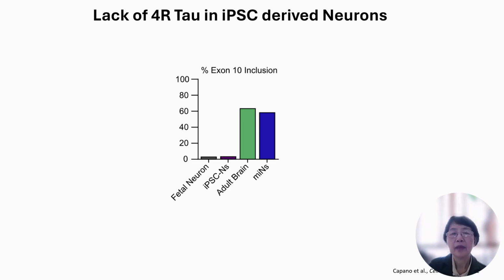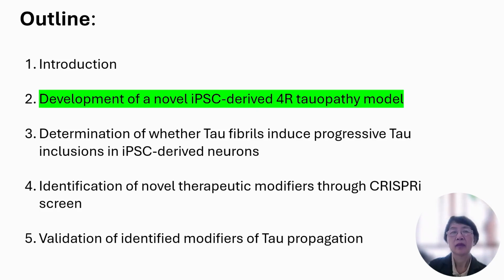However, iPSC-derived neurons mainly express 3R tau only. The inclusion of exon 10 in these cells is extremely low, making it a major challenge to study 4R tauopathies and mutations located in 4R tau. To address this problem, we aim to generate new human iPSC-derived neuronal models that mainly express 4R tau.